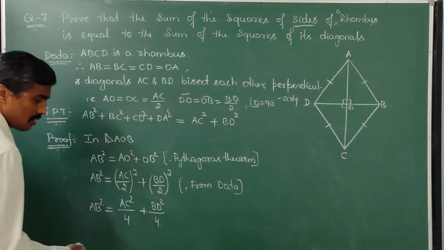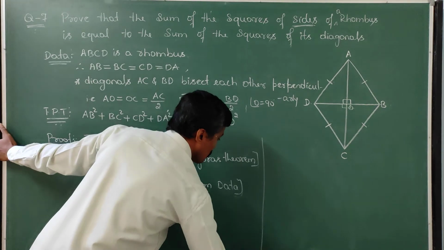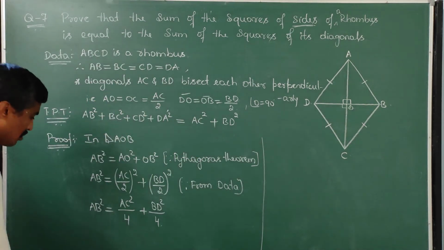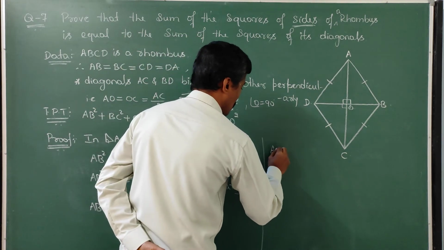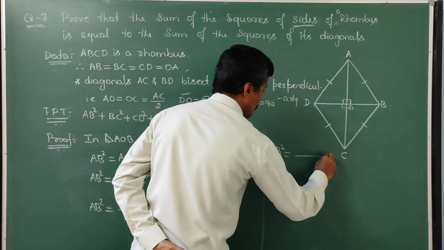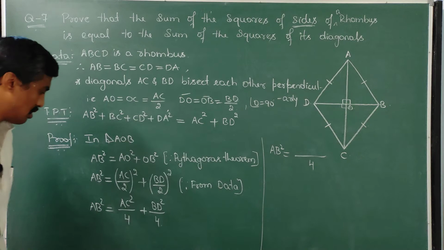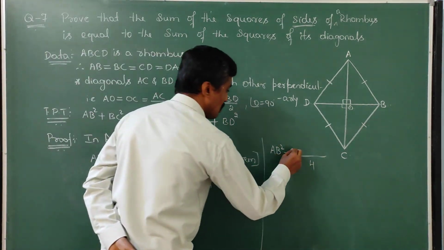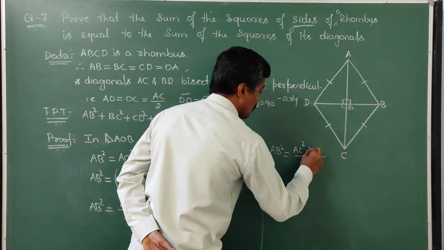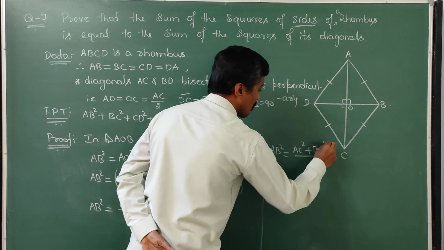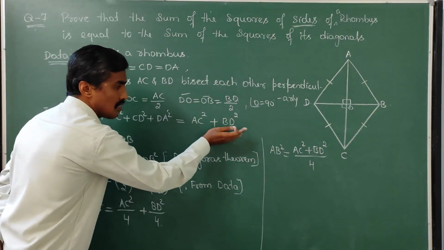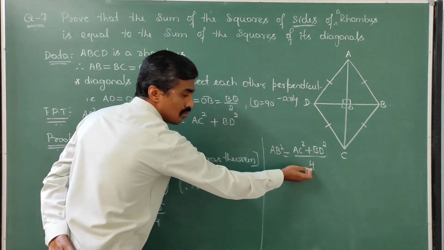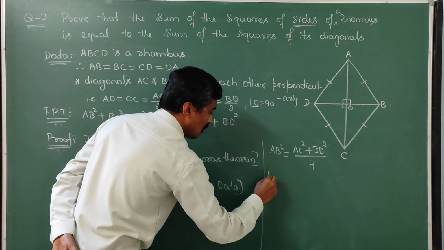Now you know how to add the fractions. AB square is, the denominator is the same, so I will keep the denominator as it is, and the numerator is AC square plus BD square. We want AC square and BD square on the right hand side, we don't want 4, so let me take it to the left hand side.